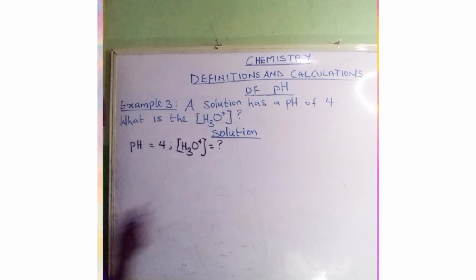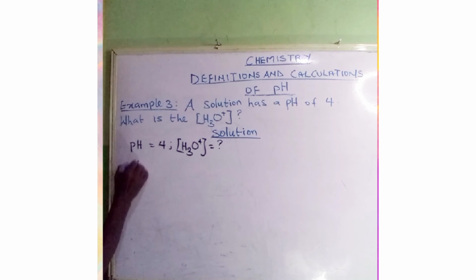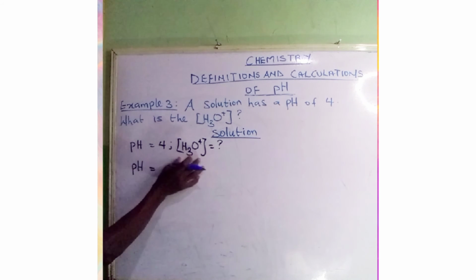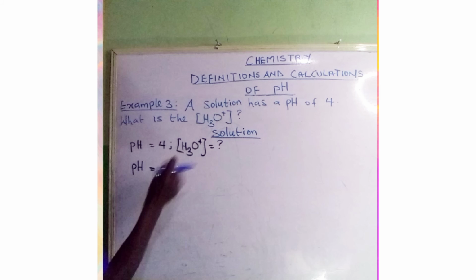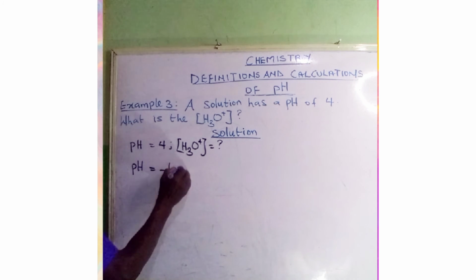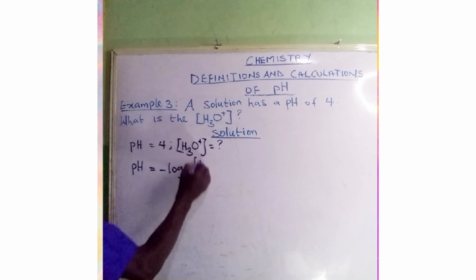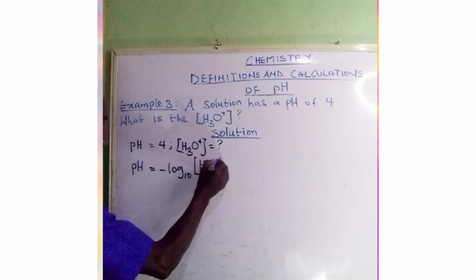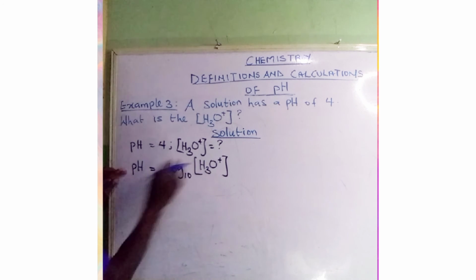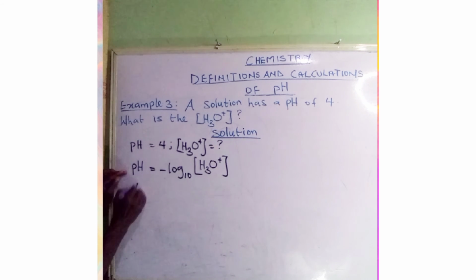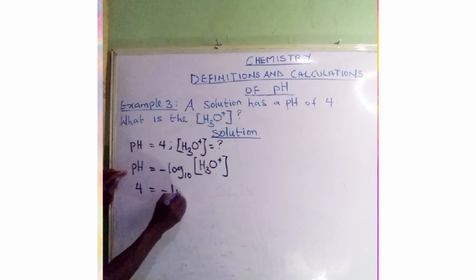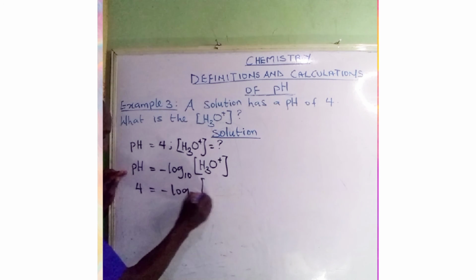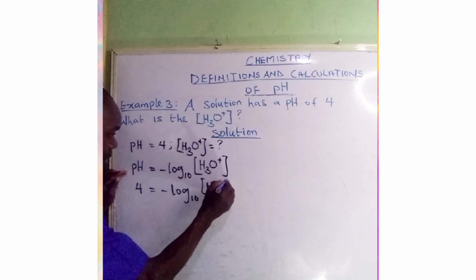Now from our formula of pH involving hydroxonium ion, pH equals minus log to base 10 of the concentration of the hydroxonium ion. So our pH here is 4 equals minus log to base 10 of oxonium ion.